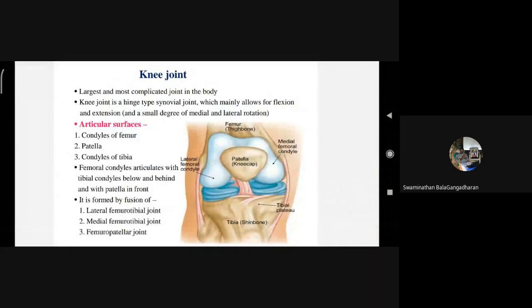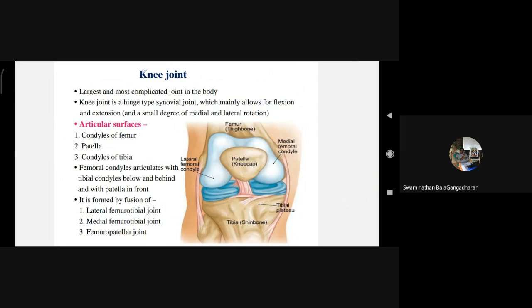The knee joint is the largest joint of the human body and the most complicated joint in the human body. It articulates so many bones and bears a lot of the body's weight, so it has to put in a lot of effort.